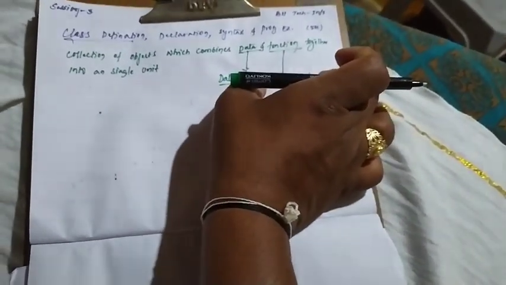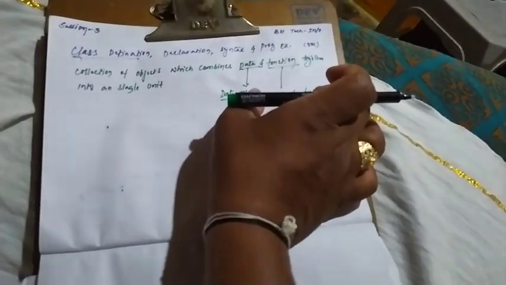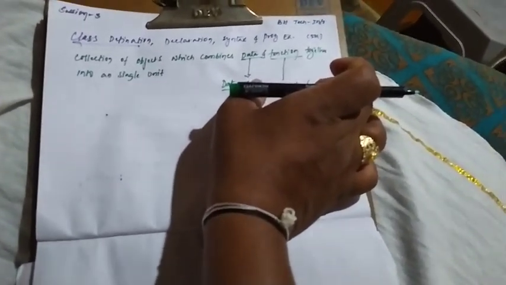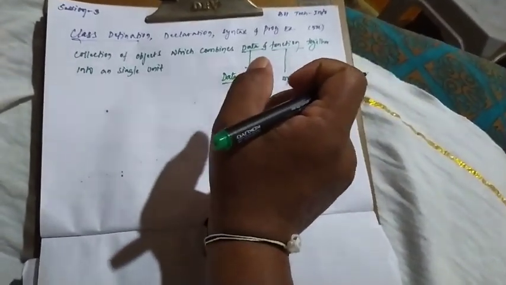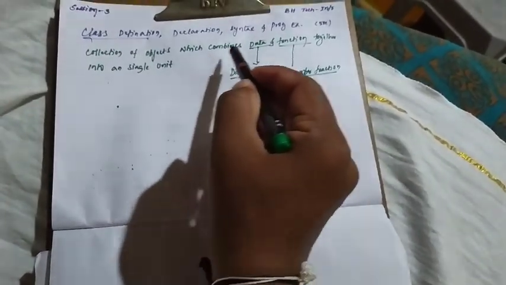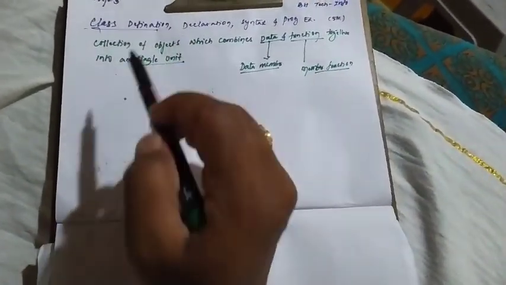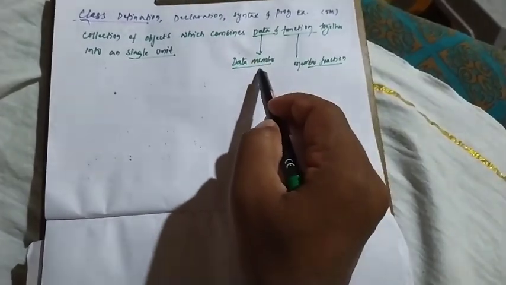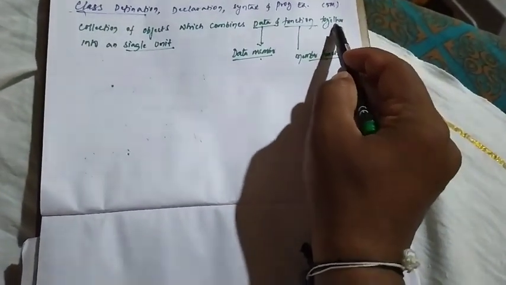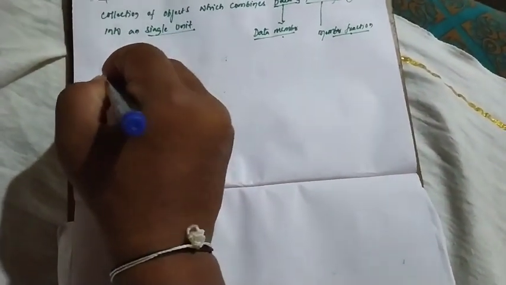Without these two, it is not possible to declare and define a class body. That's why by using these two only, we are making one single unit to define a class. The same definition indicates it's a collection of objects which combines data member and member function together into a single unit.